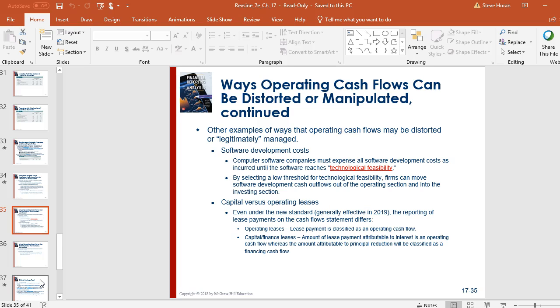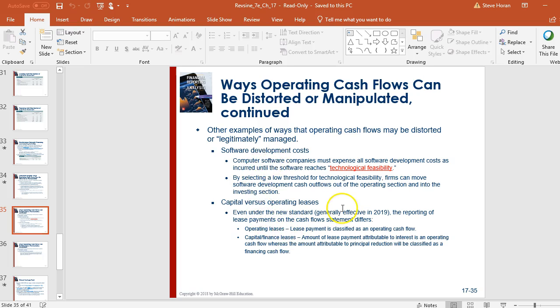And it says here that software companies must expense all software development costs as incurred until we reach technological feasibility. Now, what the firm can do is select a low threshold for what that means. And if they do that, of course, we are then going to be able to capitalize more of these costs and then amortize them down the road and increase cash flows in the short run.